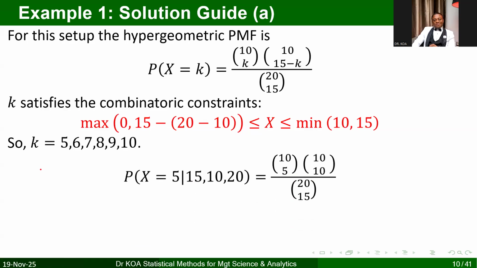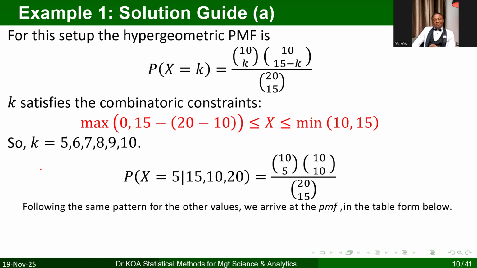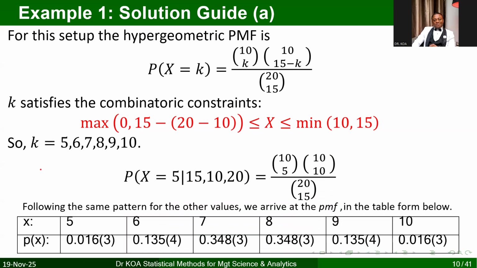If you do it for 5, you get something like this. But you can do it for all of them: when it is equal to 5, 6, 7, 8, 9, 10. You can do it for each one of them, and then you will have the probability of each X or each K.